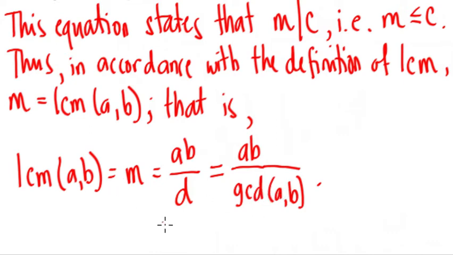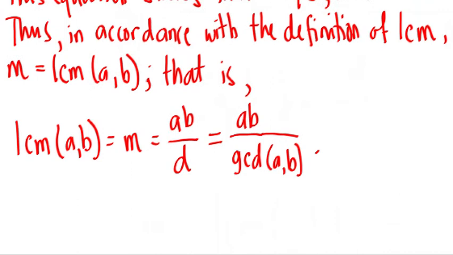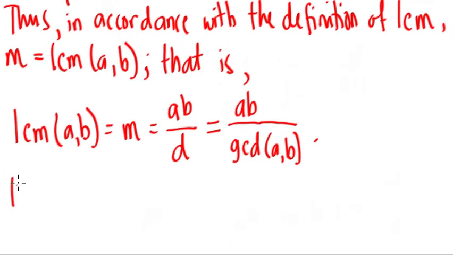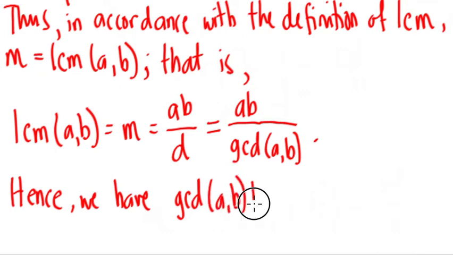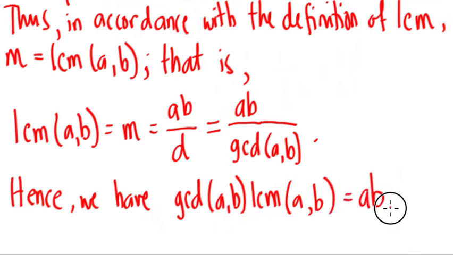Transpose this GCD to the other side. Hence we have the GCD of A and B times the LCM of A and B is equal to A times B, which we want to prove.